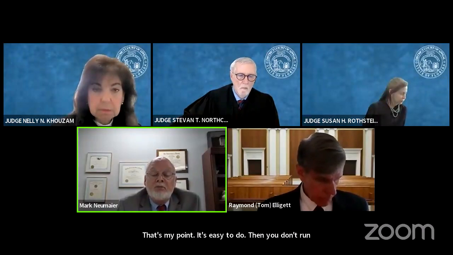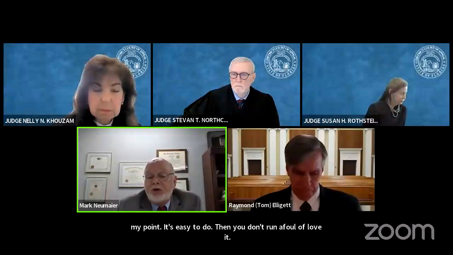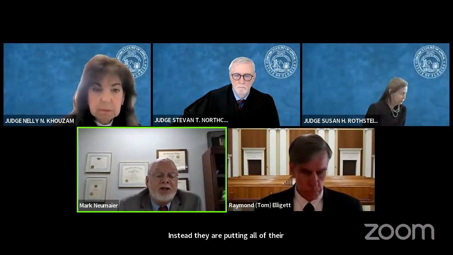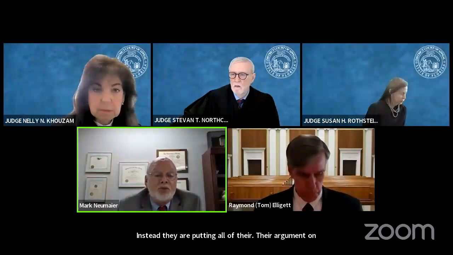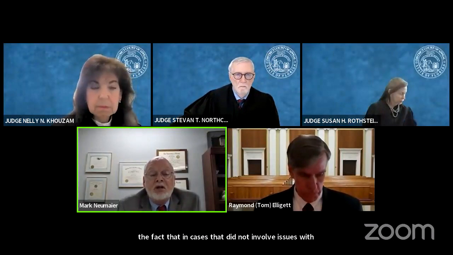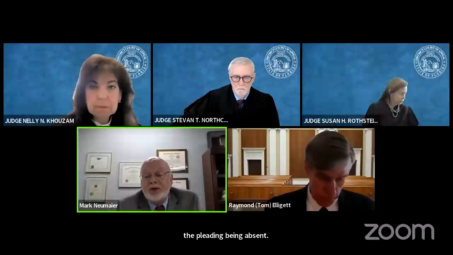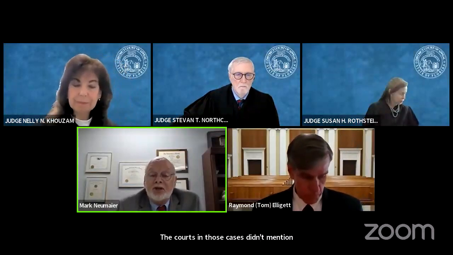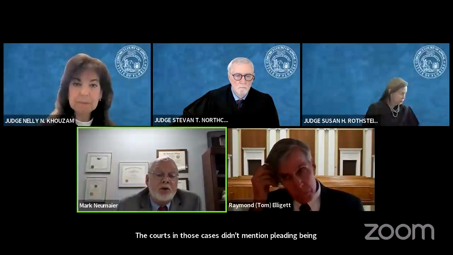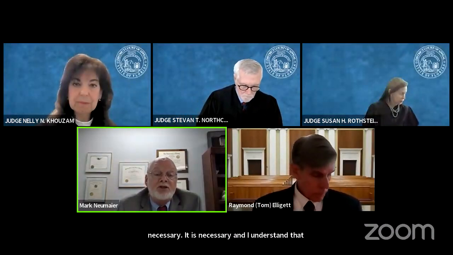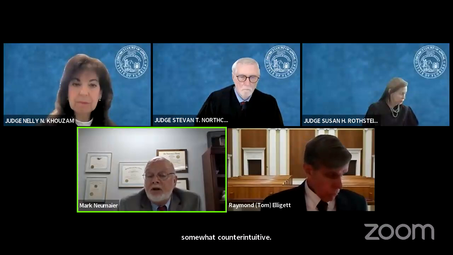Instead, they are putting all of their argument on the fact that in cases that did not involve issues with the pleading being absent, the courts in those cases didn't mention pleading being necessary. It is necessary, and I understand that's somewhat counterintuitive. Doesn't make a lot of sense, but we deal with the law as we find it.